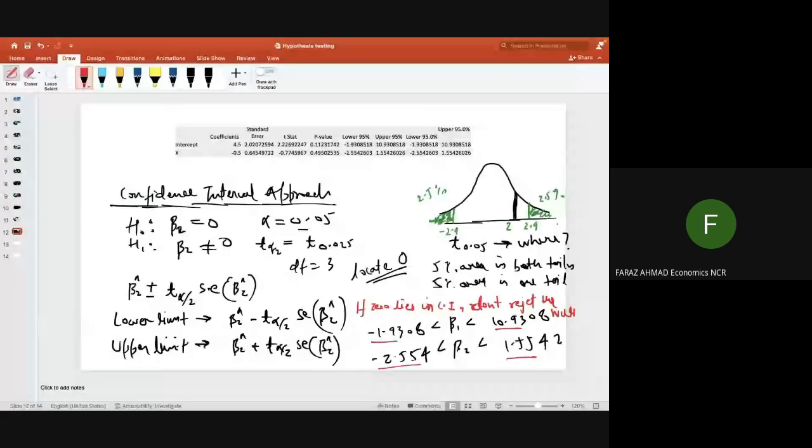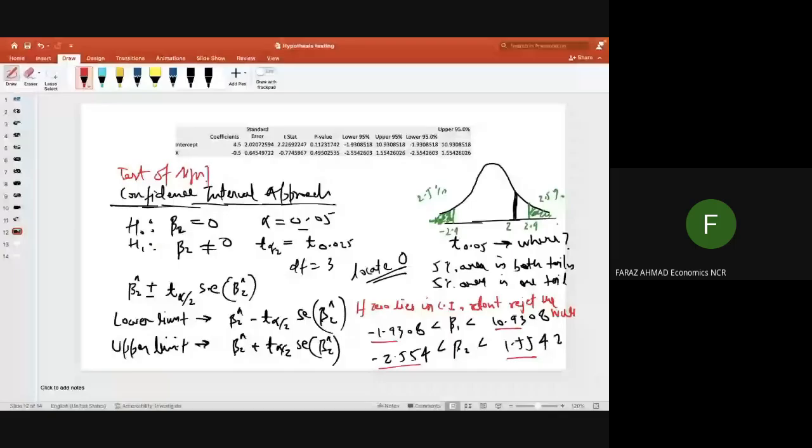And that was exactly the result we got from the test of significance approach also, because the p values for both of them were greater than 0.05, and we wanted them to be less than or equal to 0.05 to reject the null, but we couldn't do it, right?